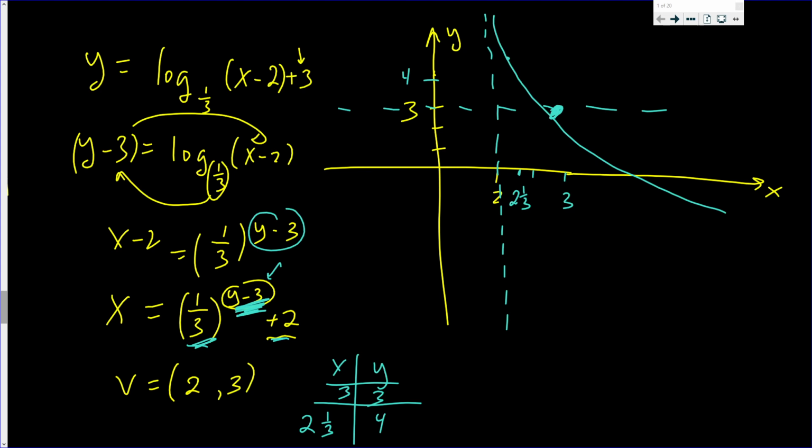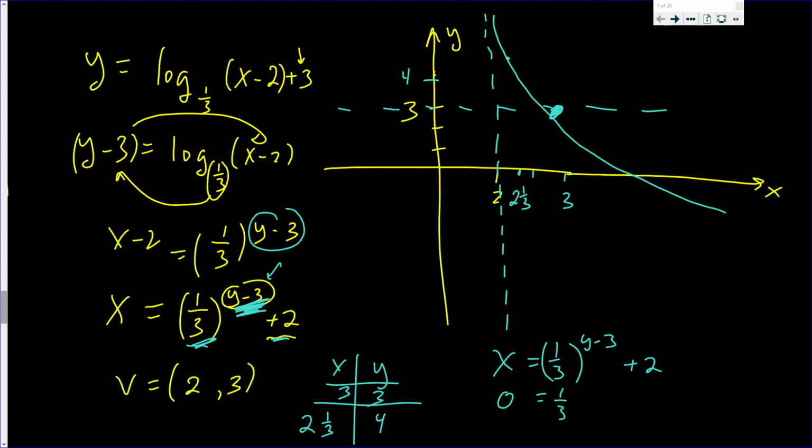That is, x equaling 0 makes no sense. We know that x is equal to 1/3 to a power. Now, regardless of what that power is, 1/3 to a power is always positive. And then when you add 2 more, it's going to be even more positive. That is, x can't be 0.